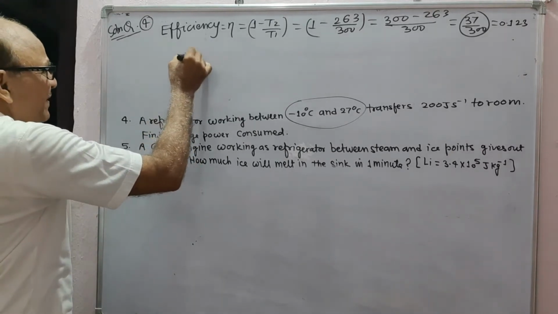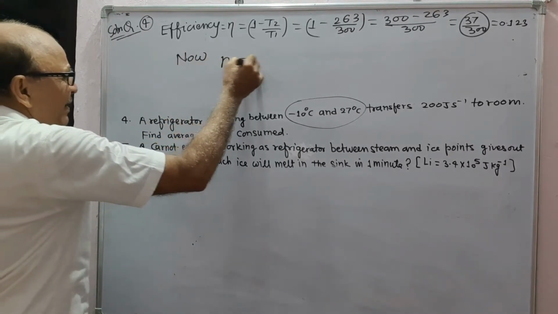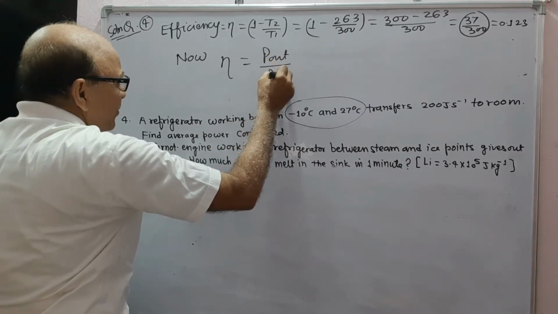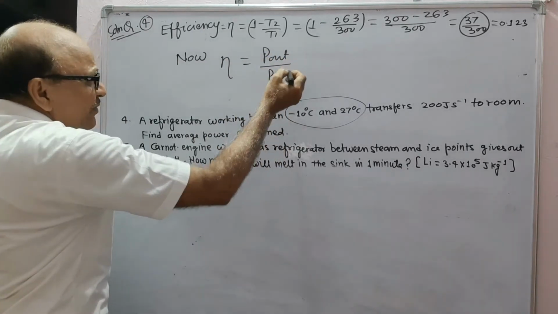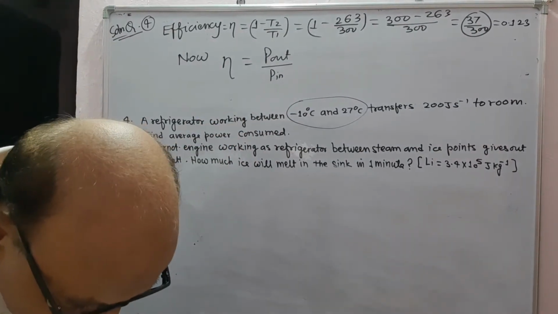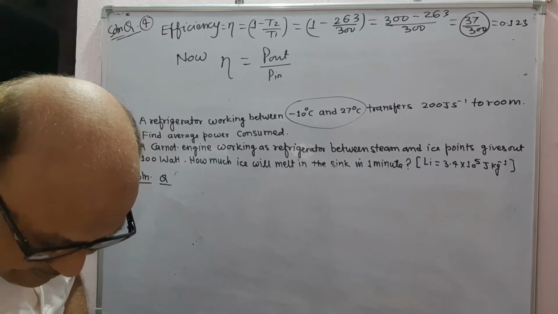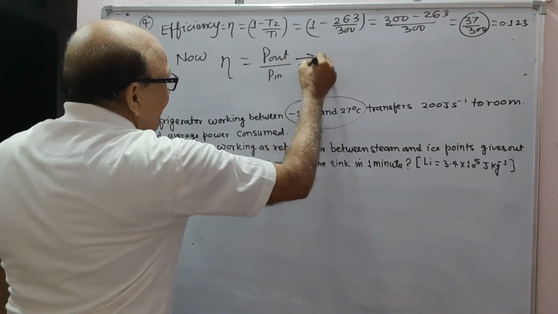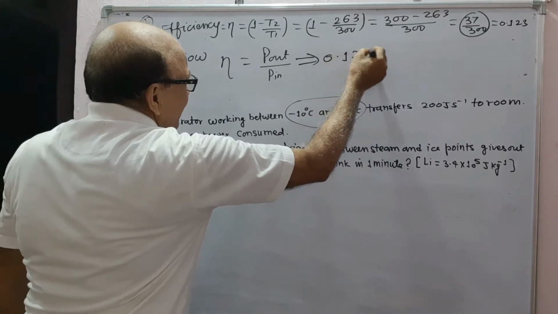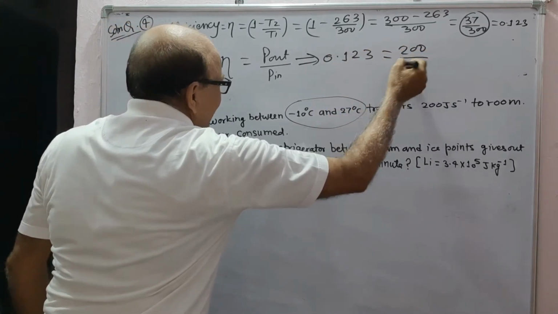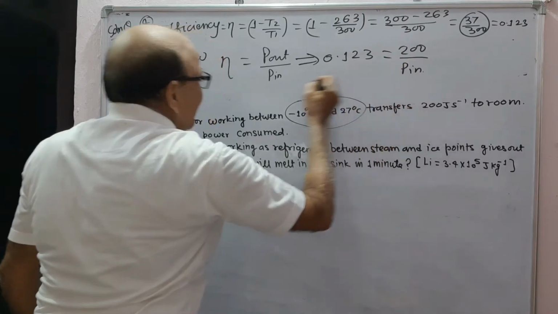Now efficiency is equal to P out upon P input. P output is given to be 200. So 0.123 is equal to 200 joule per second, which means watt, upon P input.